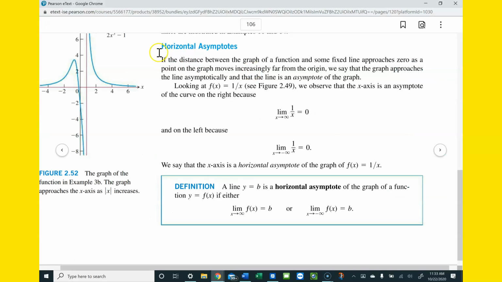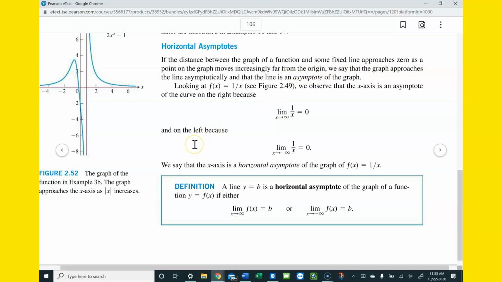All right, this can lead us to something about horizontal asymptotes. If the distance between the graph of a function and some fixed line approaches 0 as a point on the graph moves increasingly far from the origin, in other words, as the magnitude of x gets larger and larger in either direction, we say that the graph approaches that line asymptotically, and that the line is an asymptote of the graph.